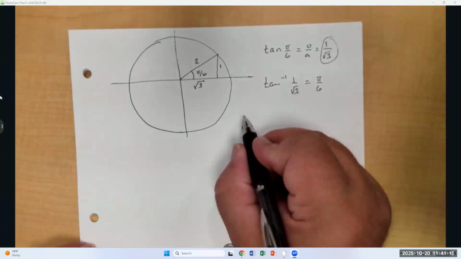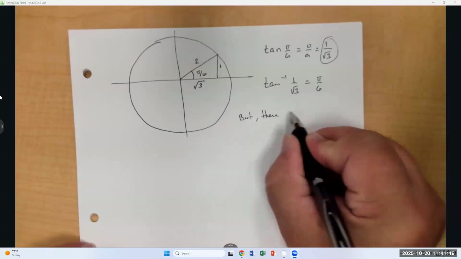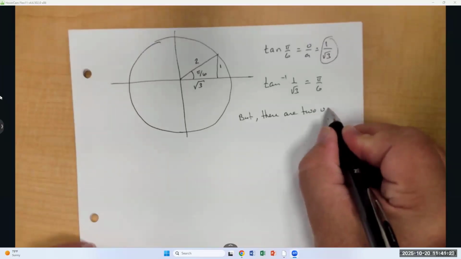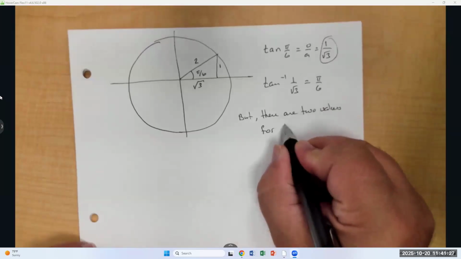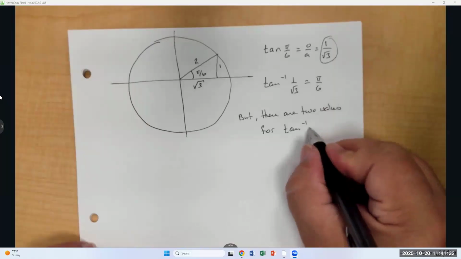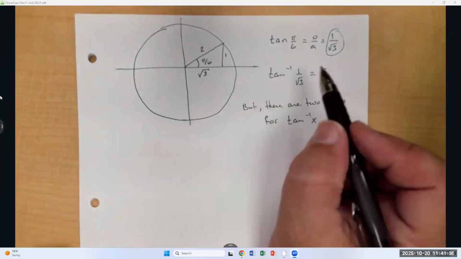But there are 2 values that we can find for the inverse function. This is the first one.